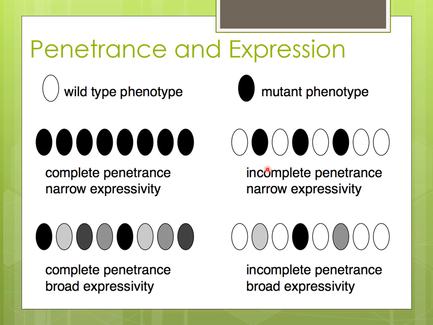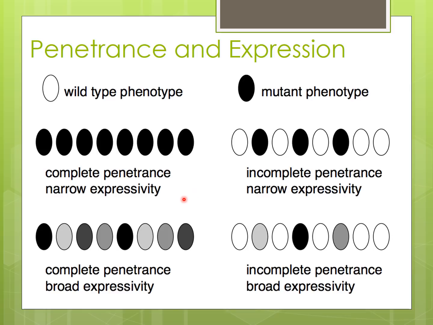Now, if we tie in expressivity, we have narrow expressivity in both of these examples, in that it's either full on or full off. It's either there or not. That expressivity is very tightly tied into whether you carry or express the disease. It's like an on-off switch, completely on or completely off if you're showing the affected disease state or trait.